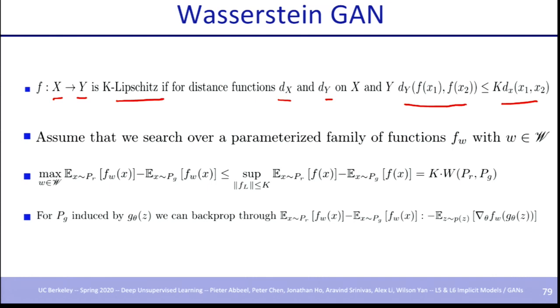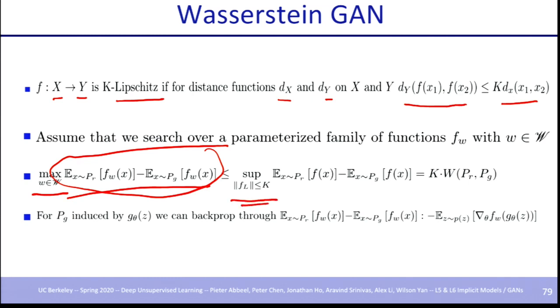And let's say there is a family, capital W, and you're trying to optimize this particular distance over that. You can say for sure that if you have a particular family and you're calculating this particular measure, it's going to be less than or equal to the supremum. This particular family is like the family of all Lipschitz functions, so it's definitely going to be less than or equal to the supremum.